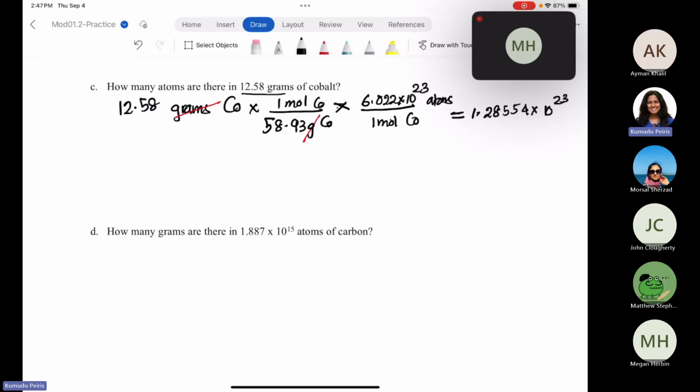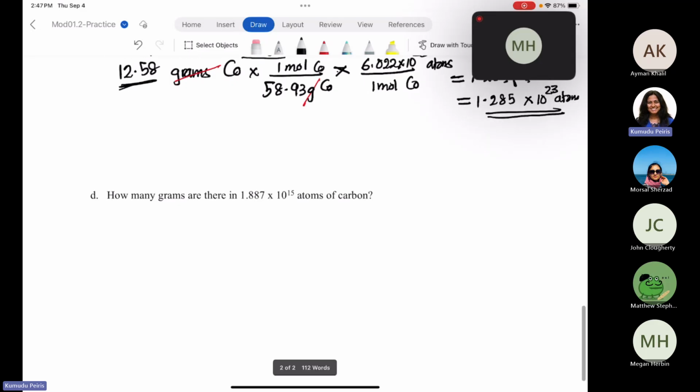But the final answer should have only four significant figures. So here is the fourth significant figure, and this is the number 5. So then we'll look at the number after 5. It is less than 5, so we don't do anything. So it will be given as 1.285 times 10 to the 23rd atoms. Right. Do you have any questions?